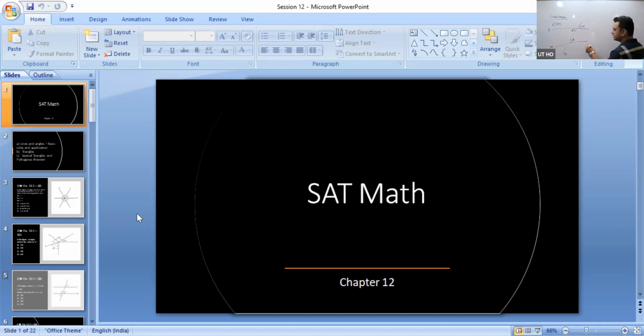So theta and phi are alternate angles, and alpha and phi are the corresponding angles. And alpha and theta are vertically opposite, so they are also equal.